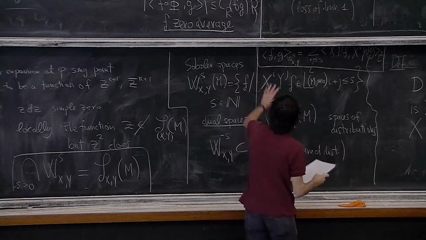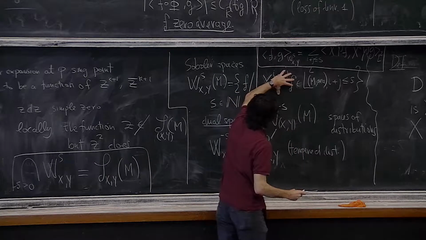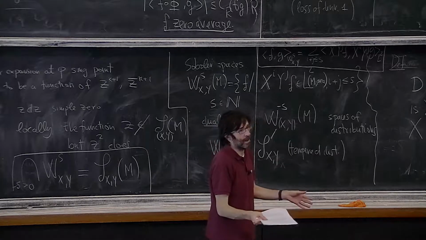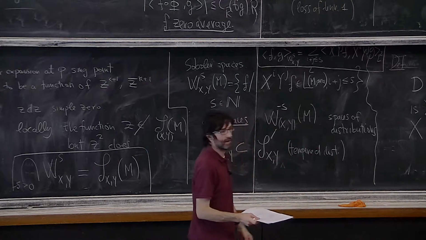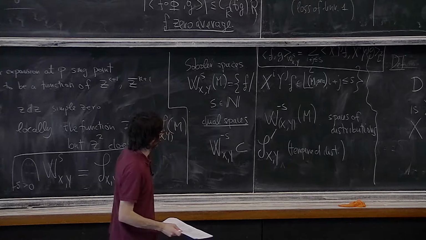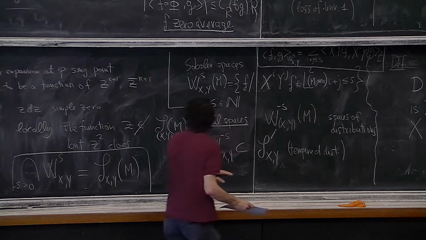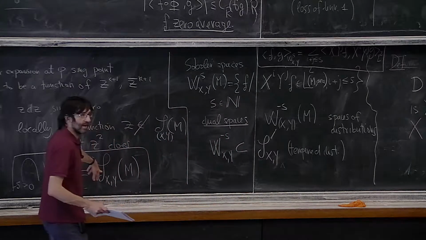So you just take these derivatives, multiply them, integrate them, sum, and you get an inner product. So these are Hilbert spaces, but S is just Fréchet.